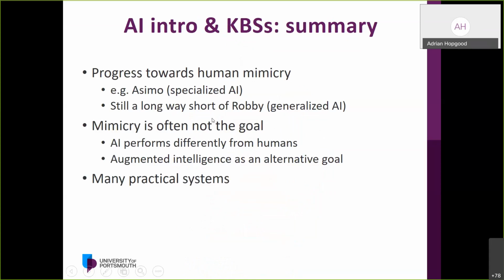So before we move on to neural networks, I'll pause at this point. So we've had a bit of an introduction to AI. There's been progress across the board towards human mimicry, which I gave as my sort of broad definition of AI. So Asimo is a real-life specialist robot, specialist form of AI, but it's still a long way short of Robbie, the fictional robot, which was quite generalized in its artificial intelligence.